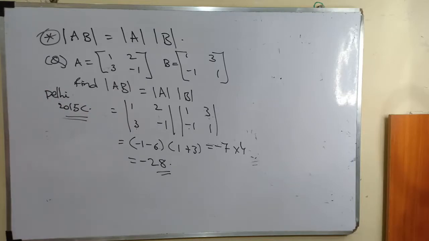So that is the end of lecture 1 on determinants. In the next lecture, I'll teach you how to solve cofactors and minors, how to handle a 3x3 determinant, what the properties of 3x3 determinants are, and few things, how to apply row and column transformations. Those things I will discuss in the next video.